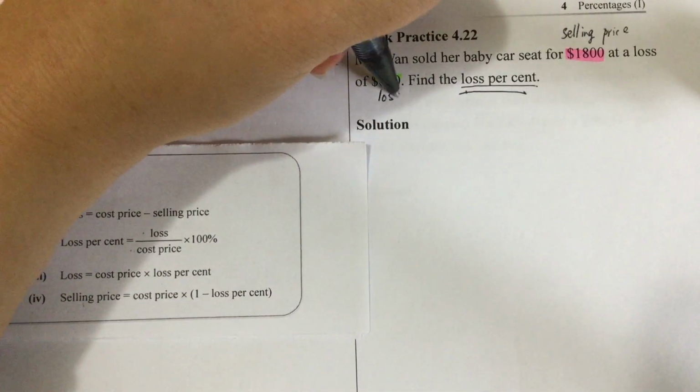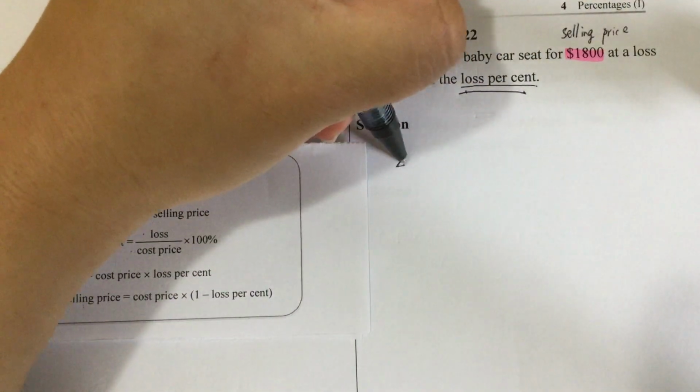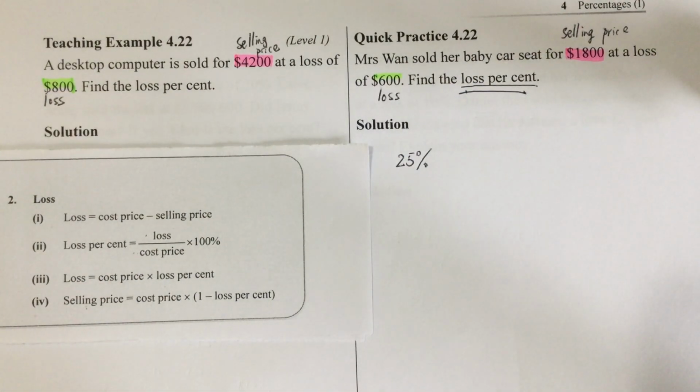So I'll give you 15 more seconds so you can solve the problem directly. Okay, now I will tell you the answer. The answer for this one is 25%. Okay, 25%. So make sure that you get the correct answer.